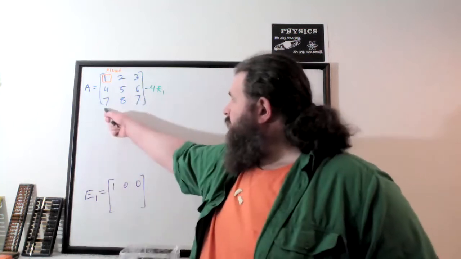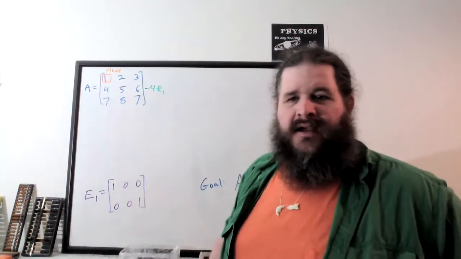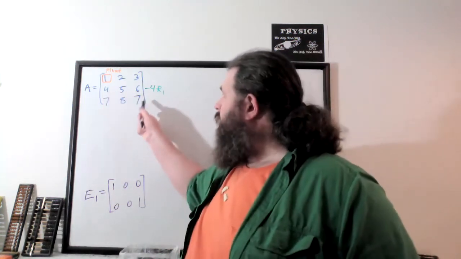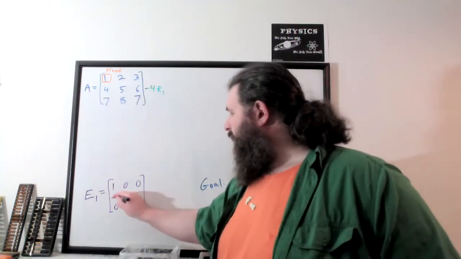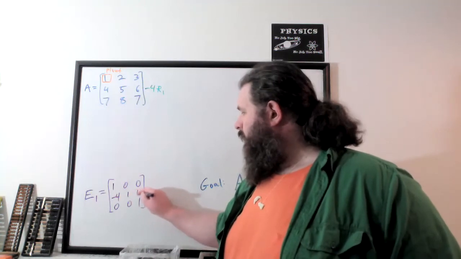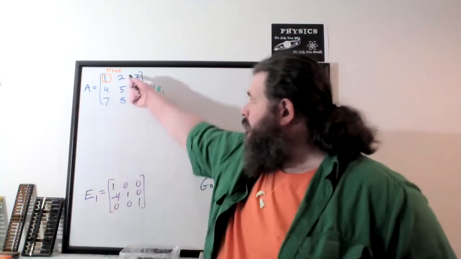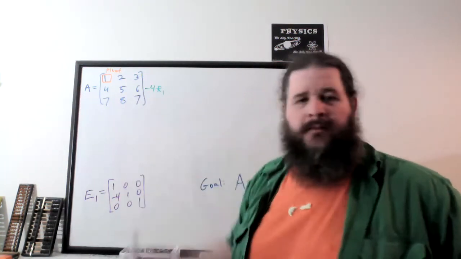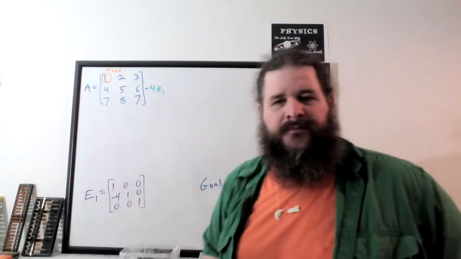We're also not changing the third row, so I'm going to write the third row of the identity matrix. But yeah, if we take a look at row 2, column 1, because that's what we're changing. We're changing row 2 by adding the first row, specifically -4 times the first row. So -4, 1, 0. This literally just means take -4 times the first row plus 1 times the second row plus nothing from the third row. So this matrix represents this row operation.